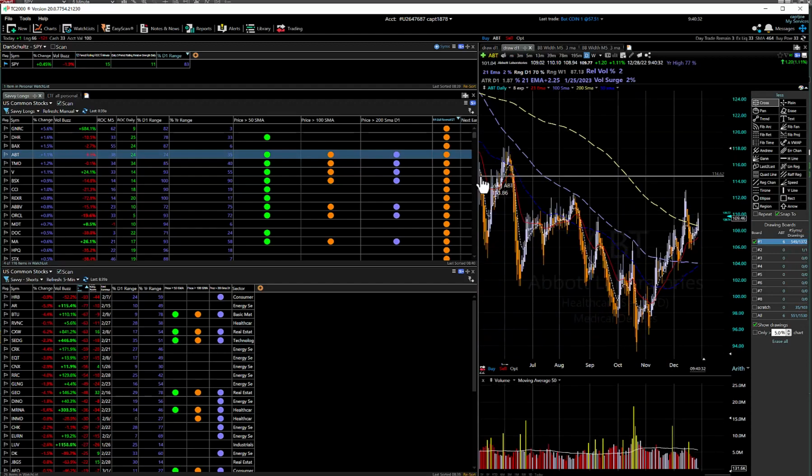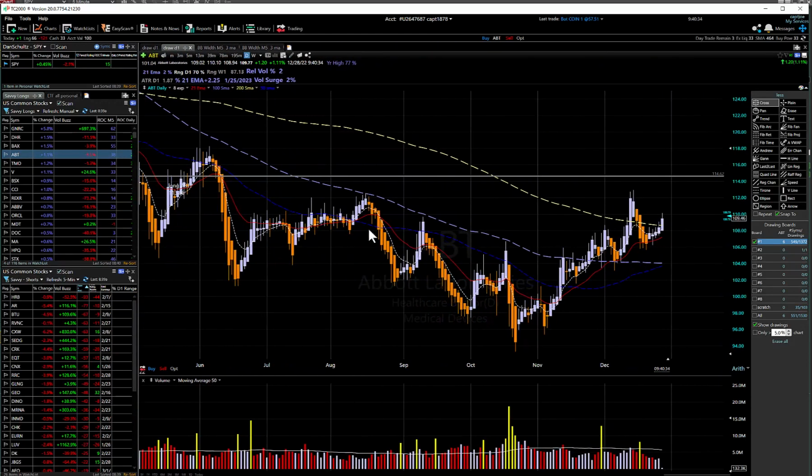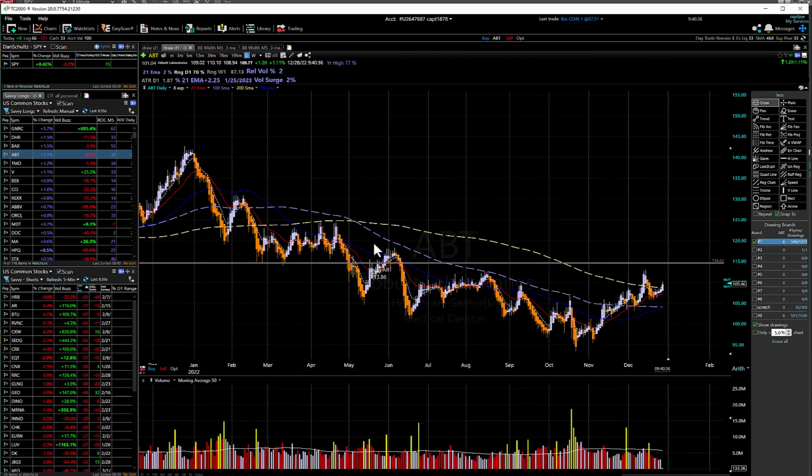Do I want to trade it? Let's look at the chart itself. It's in a well-defined downtrend. It's trying to break through the 200. If I want to draw my algo lines, you know, it broke an algo down here.